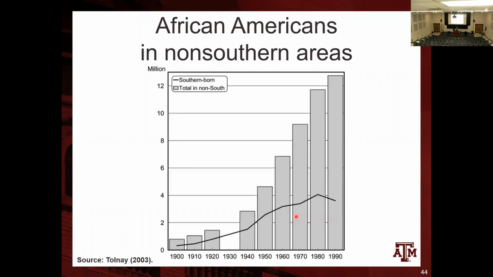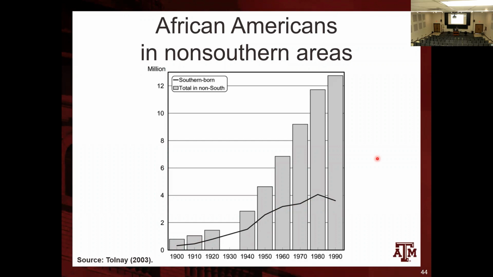And this graph here, I don't think is in the textbook, that's from another source, from this article by Tolnay in 2003. Here, we have African Americans living in non-southern areas. The black curve here is showing those African Americans that were born in southern states, but now are living outside of the South.